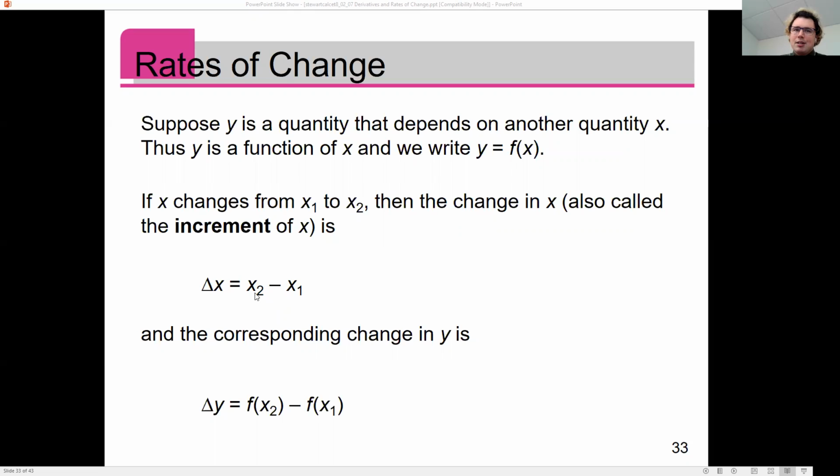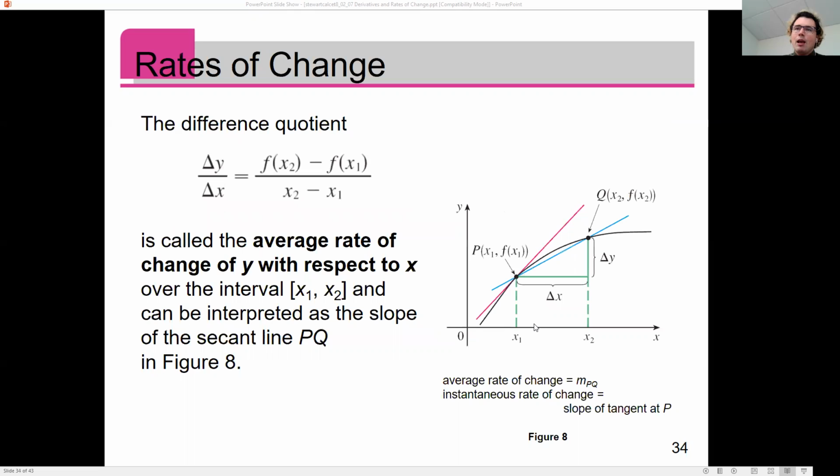So if x is going from x1 to x2, their difference is delta x. And that means that f of x2 and f of x1 are my two different y coordinates. So the difference of those is what I'll call delta y. And here they are on the picture.